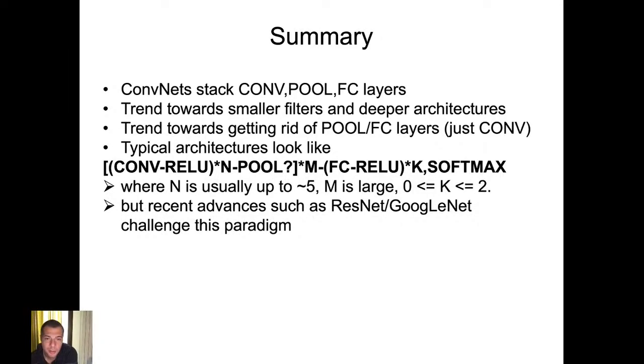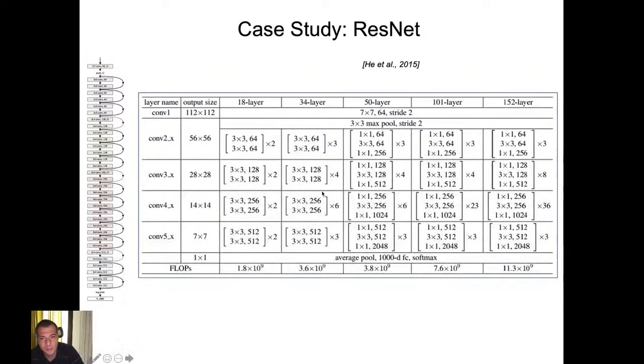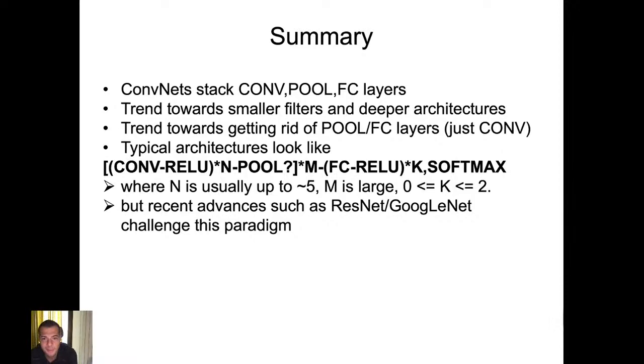In summary, convolutional neural networks are a stack of convolutional, pooling and fully connected layers. There is a trend towards smaller filters and deeper architectures, towards architectures with alternating pathways, and also towards removing the fully connected layers.